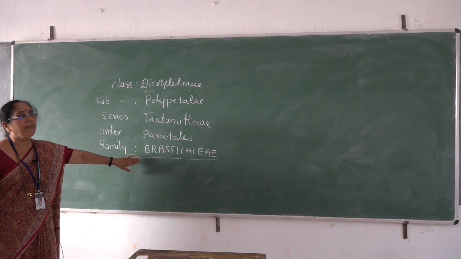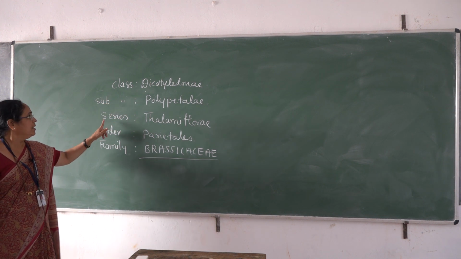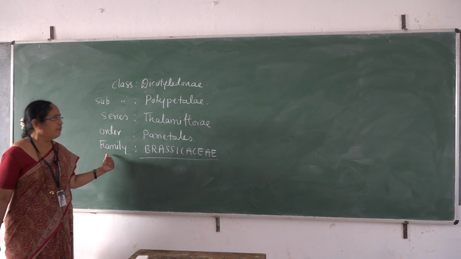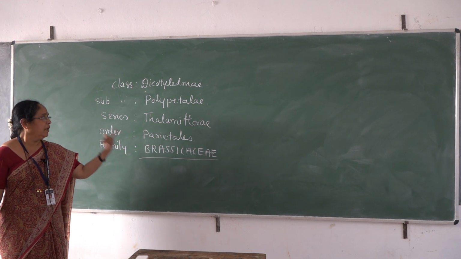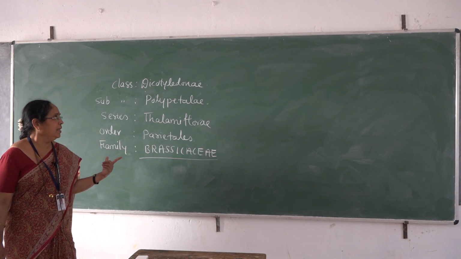The Brassicaceae family belongs to class Dicotyledonea, subclass Polypetalae, series Thalamiflorae, order Parietales, and family Brassicaceae. The Brassicaceae is the mustard family.